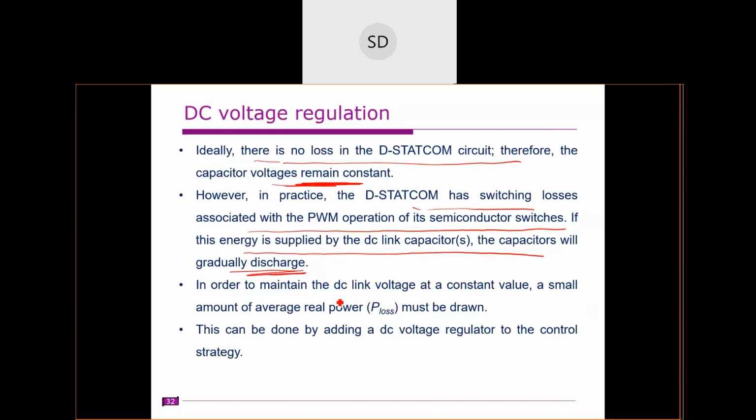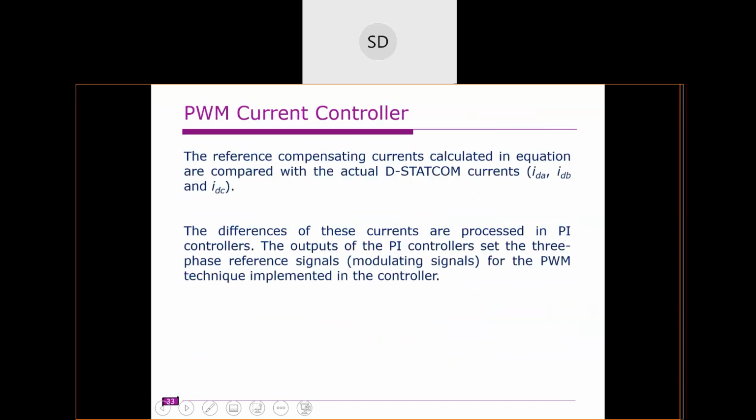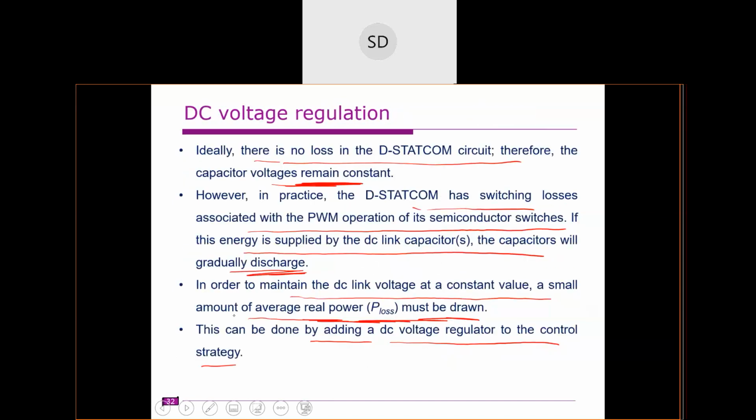So in order to maintain the DC voltage at a constant value, a small amount of average real power P loss must be drawn. This can be done by adding a DC voltage regulator to the control strategy. Clear? So we obtained this P loss component.